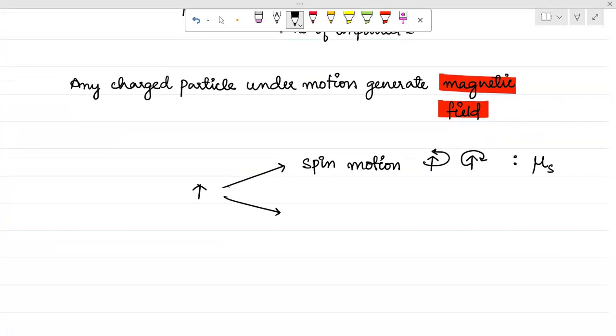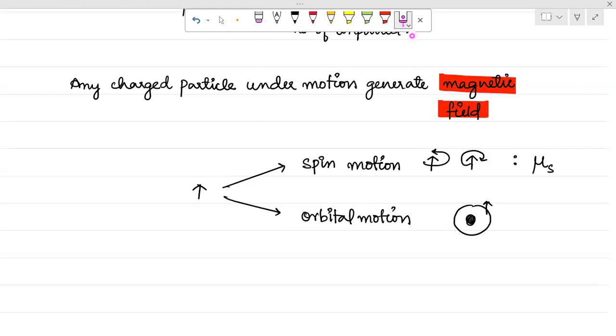Now, the second motion that it can have is the orbital motion. You have a nucleus at the center around which you have different orbitals, and in the orbitals you have electrons. This electron will move around the nucleus, so this is a second motion.